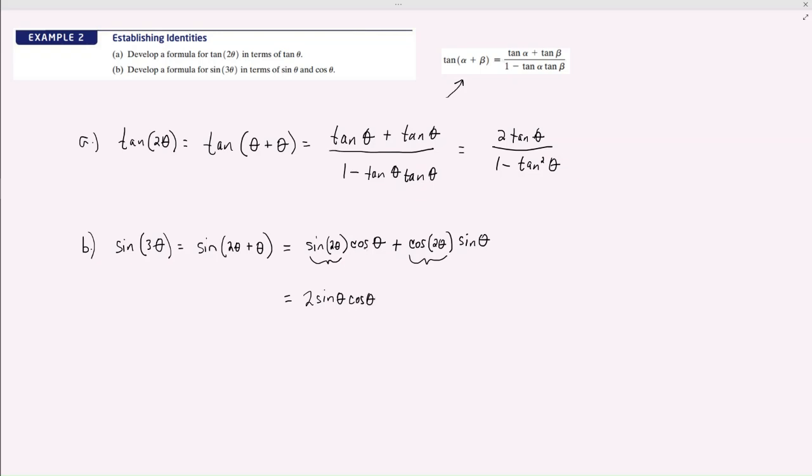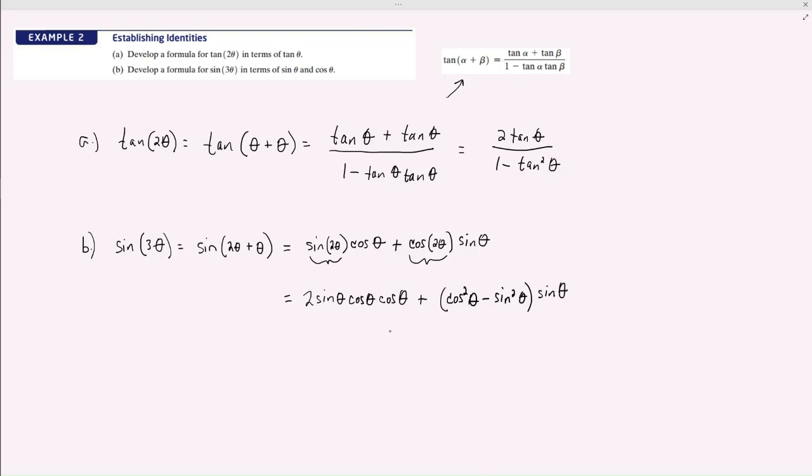And then we also have this factor of cosine theta still there. So the cosine of 2 theta we're going to write as cosine squared theta minus sine squared theta. And then it's times sine of theta over here.